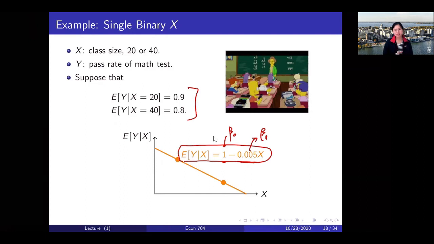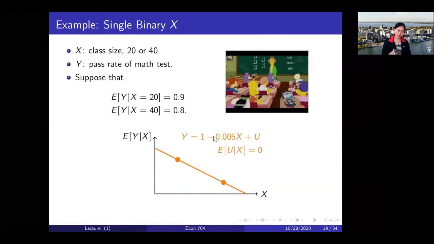Now, that is the simplest example possible, and you can always find a straight line through 2 points. This slide just says that with u defined this way, you can write the model as y equals this linear function of x plus u, and the u will necessarily satisfy this mean independence with x.